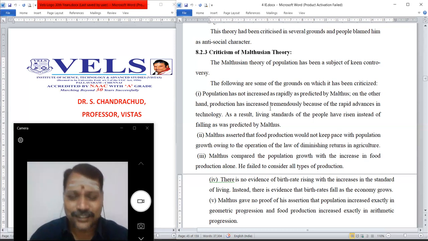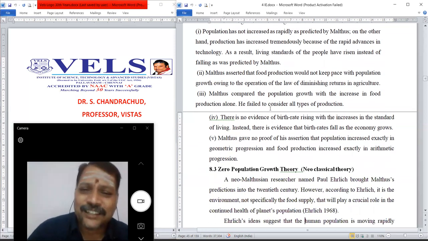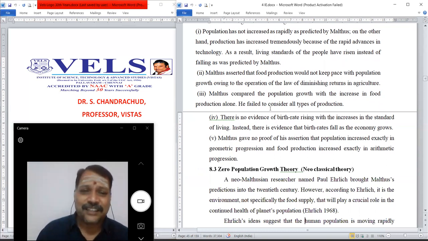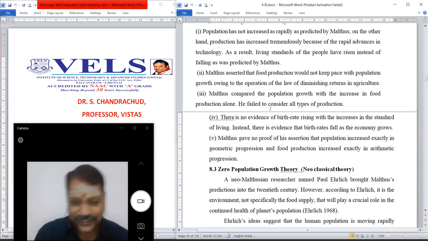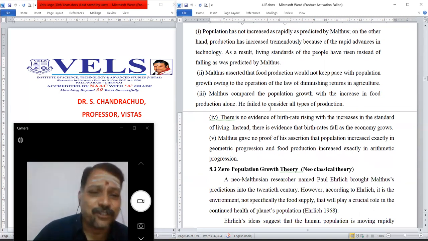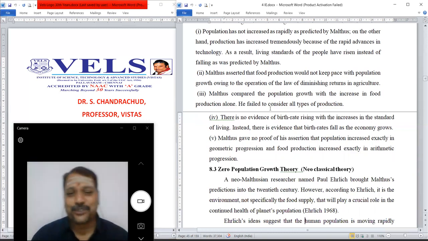Then the fourth one is that there is no evidence of birth rate rising with an increase in standard of living. Instead, there is evidence that birth rate falls with economic growth. The last criticism in this particular unit is that Malthus gave no proof of his assertions that population increases exactly in geometric progression and food production increases exactly in arithmetic progression. So these two are not increasing as asserted.